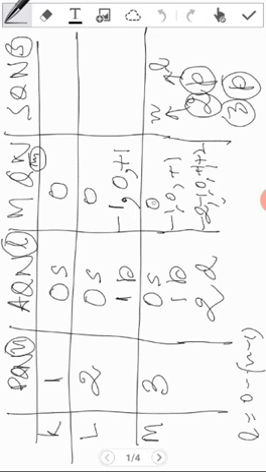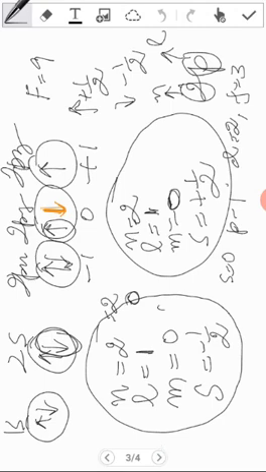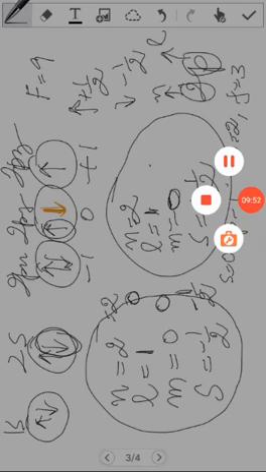And down means minus half. So these are the values: n is 2, L is 0, m is 0 and s is minus half. Many questions related to these quantum numbers we will do. Thanks very much.